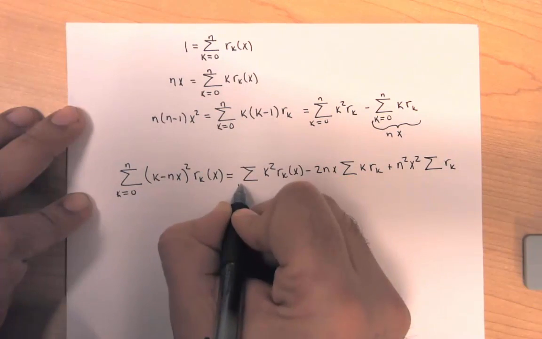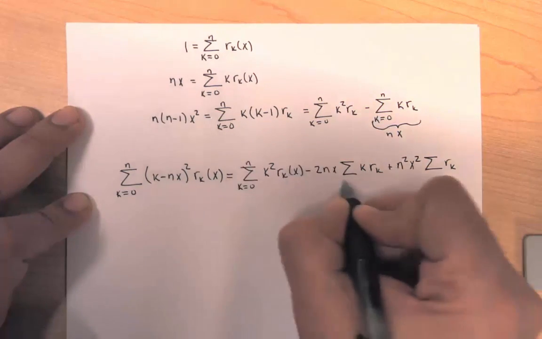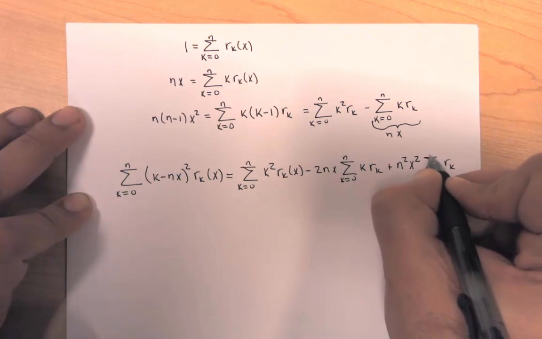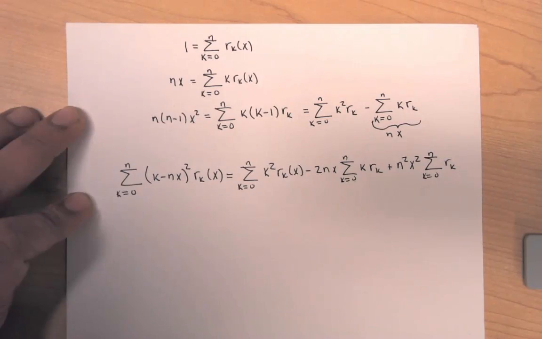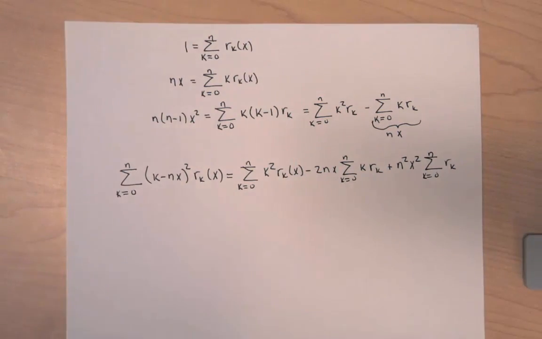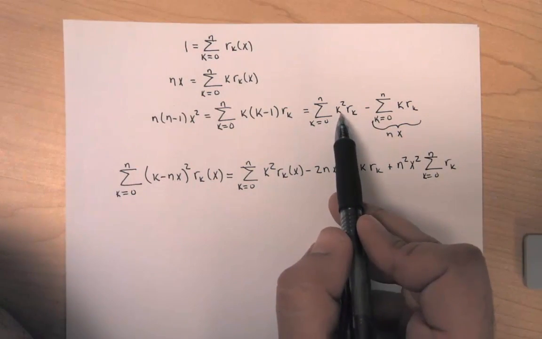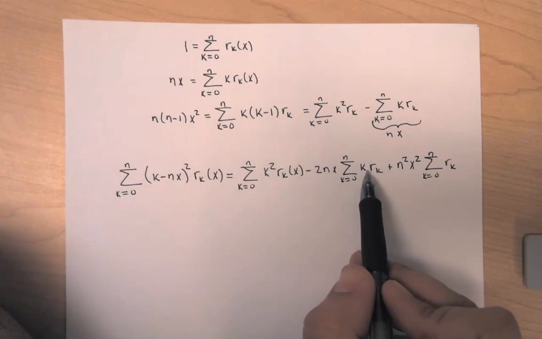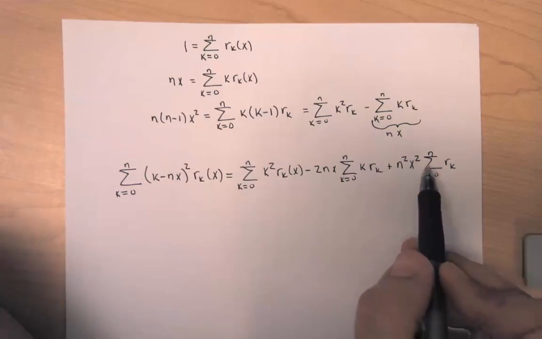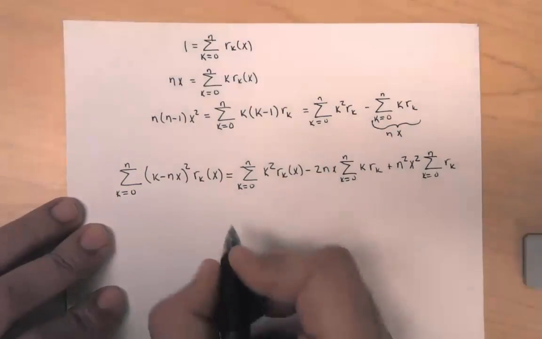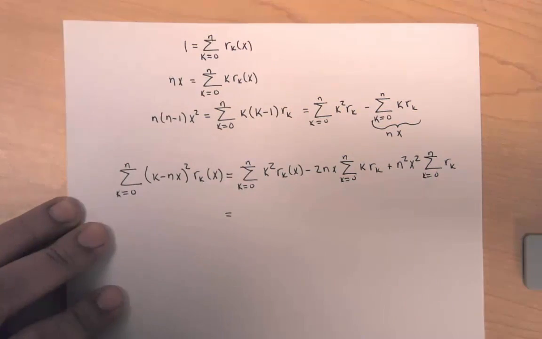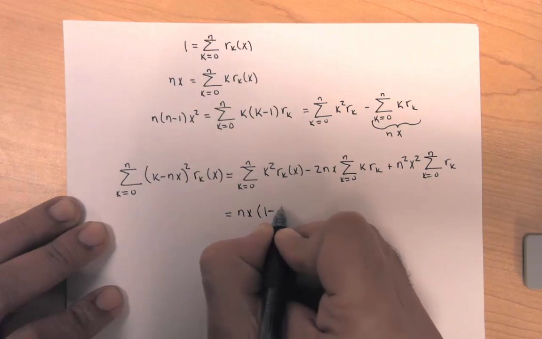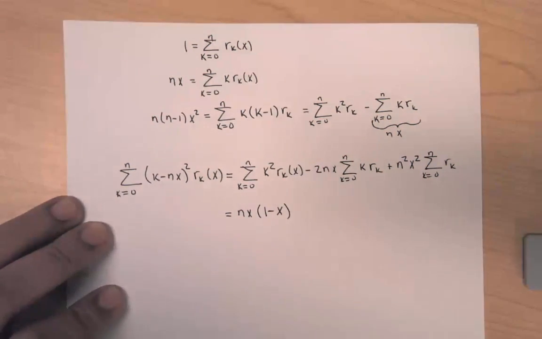Of course, all of these from k equals 0 to n. And in fact, I know that this sum of k rk is equal to nx, and this sum of rk is just 1. So if I carry out just a bit of arithmetic, I obtain this result.